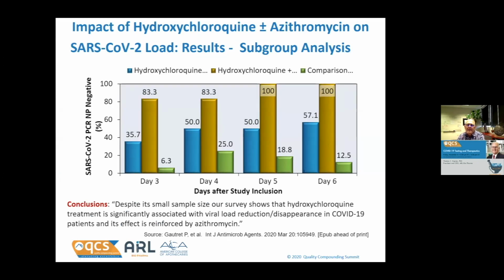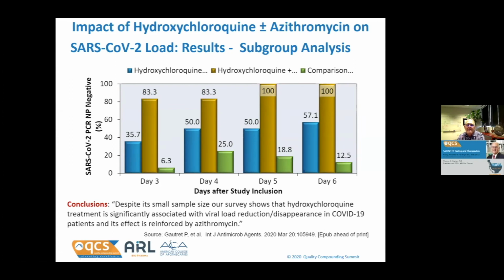And I thought this was interesting, the impact of hydroxychloroquine with and without azithromycin on SARS-CoV-2 load. And you notice this result. The blue is the hydroxychloroquine, the brown is the hydroxychloroquine with the azithromycin, and then the green is the comparison. I wanted to bring out that this slide is the negative, so it's the inverse, it's the reduction or the disappearance of the COVID-19.